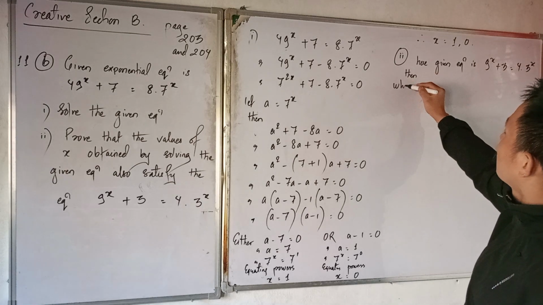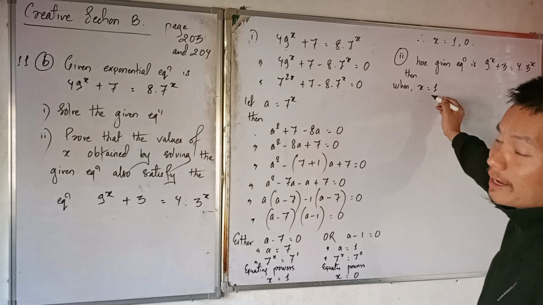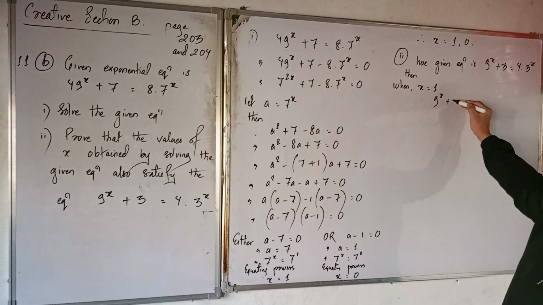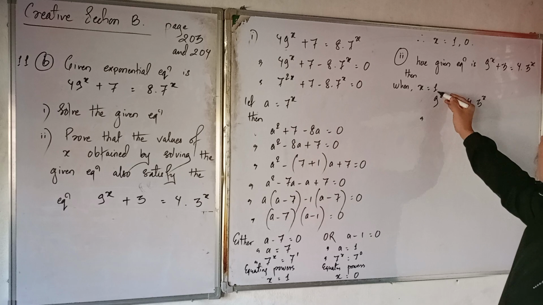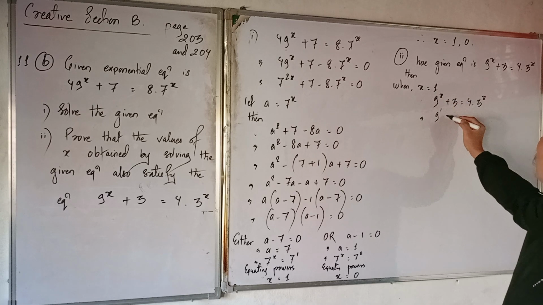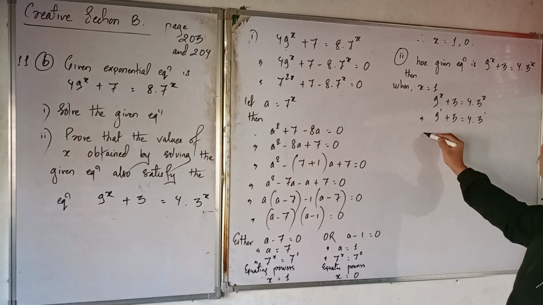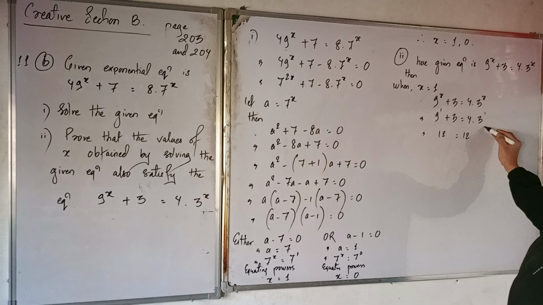When x equals 1, try substituting the value of x by 1 first. 9 power 1 plus 3 equals 4 times 3 power 1, which is 9 plus 3, 12. 4 threes are 12. Satisfied.